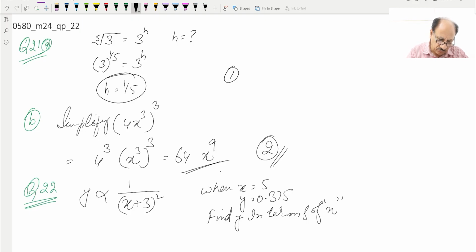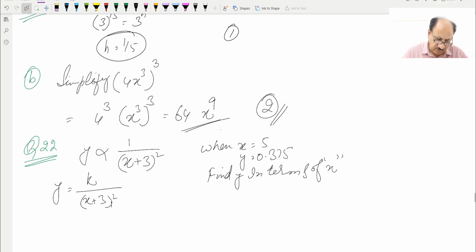So what we can do, we can write y is equal to k over (x plus 3) square, and further we can replace the given values. So y is equal to 0.375 is equal to k over, x value is 5, so 5 plus 3, which will be 8, so 8 square.